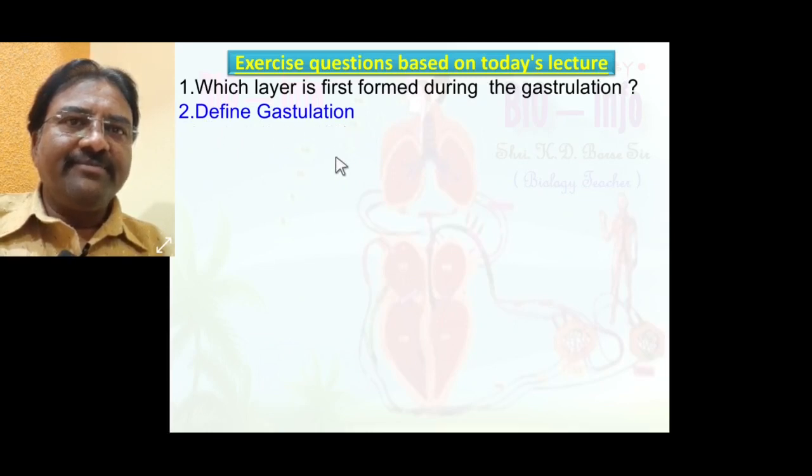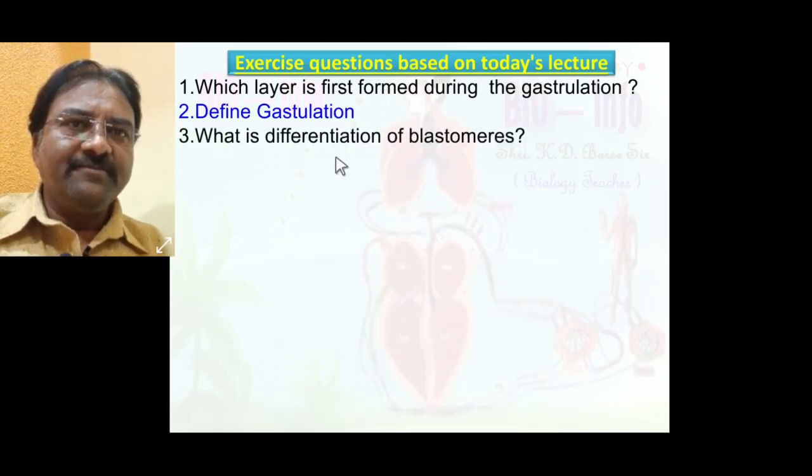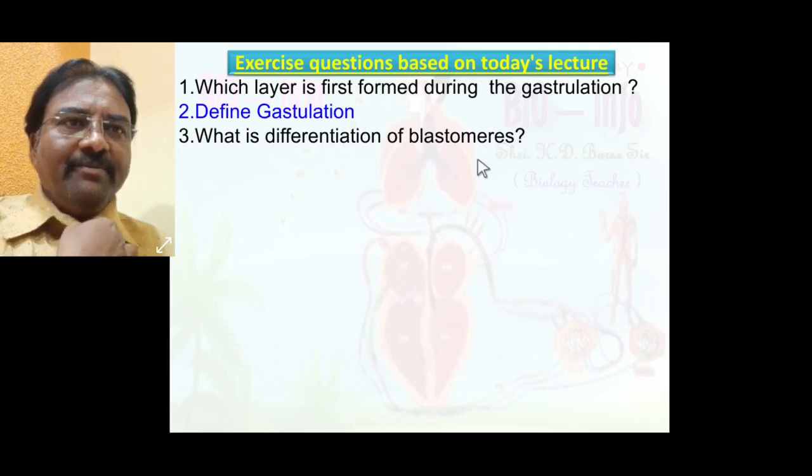The formation of the gastrula from the blastocyst or blastula is called gastrulation. What is differentiation of blastomere? Blastomere differentiation results in the formation of three germ layers, ectoderm, mesoderm and endoderm, from the cells of the embryoblast.